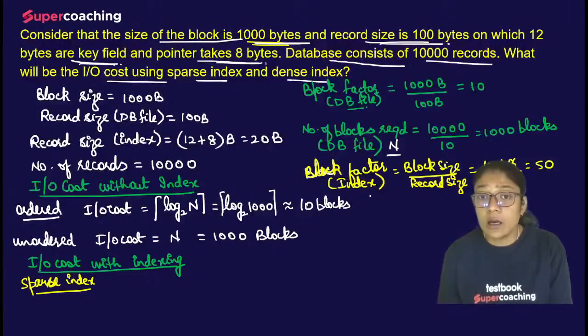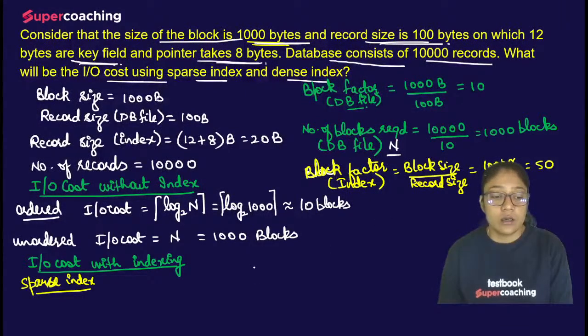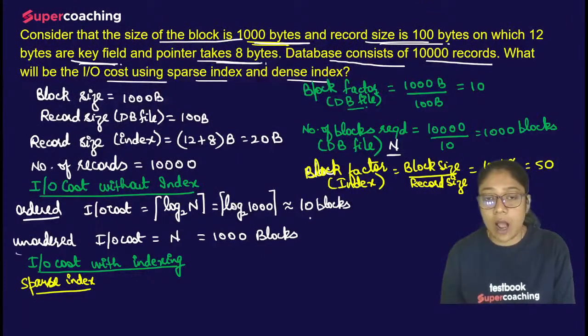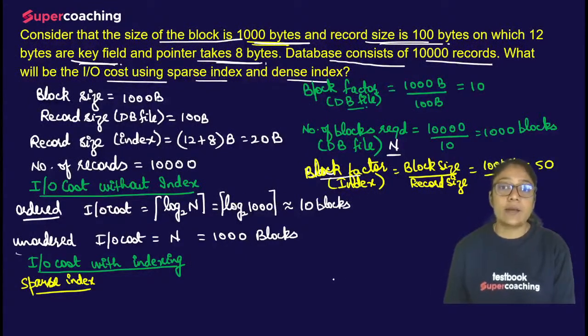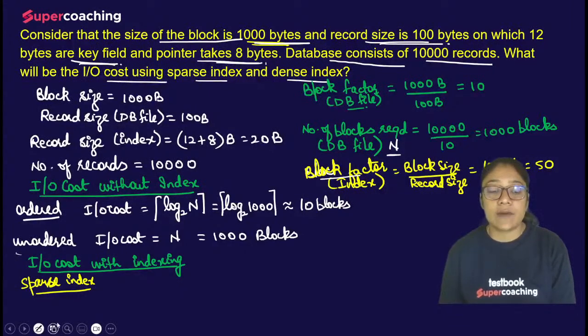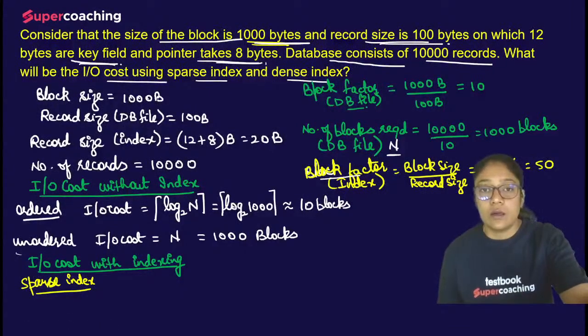So here in the index, how many blocks are required to store? I hope you are getting this point. Earlier we considered without index, now we are considering with index. So that's why I have calculated the block factor for the index file.